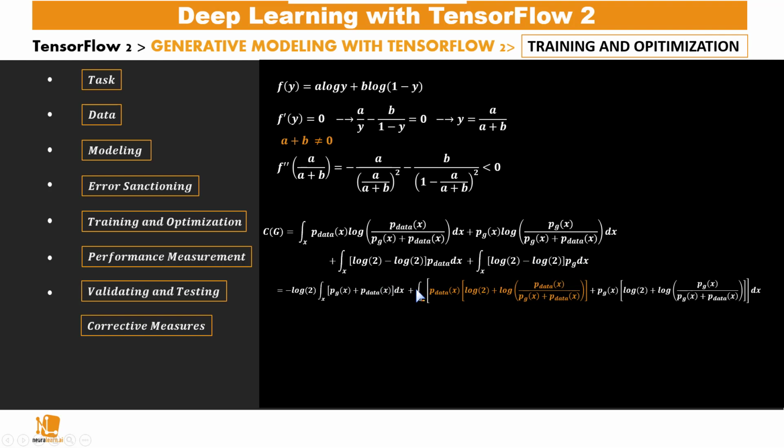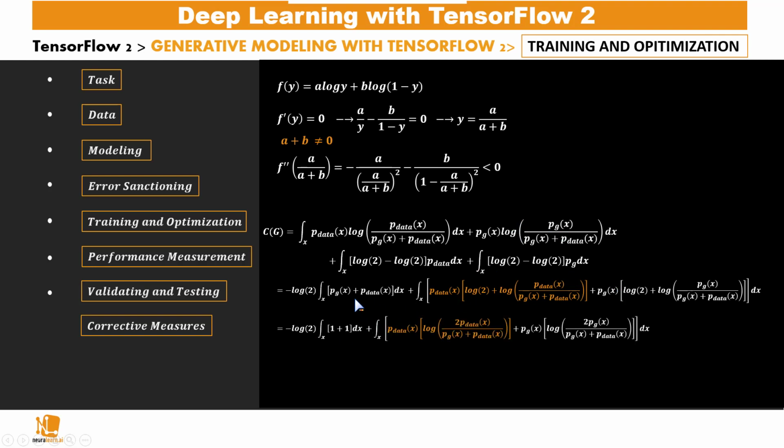Now we add again the parts which contain p data separately and the parts which contain pg separately. Here are the parts which contain p data. We have this, and then we have plus log 2 times p data. So here we have log 2 plus this expression here, all of this times p data, plus the pg's, the log of this plus log 2, all of that times pg. So we have this combined.